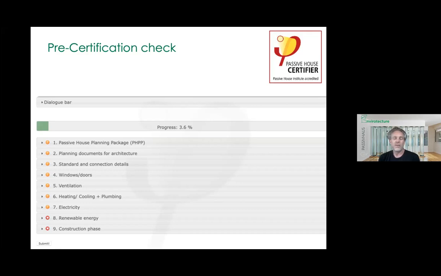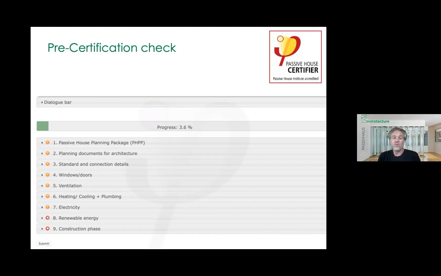And their role, the certifier's role, is to review all of the documentation, ideally before you start construction, although you don't have to. You can do it once you've started. You just obviously introduce risk at that point. And they review everything. What they're really doing is looking at the drawings of the building, the specification, the insulation, materials, glazing, etc., comparing that against the drawings, comparing that against the PHPP, the modeling of the building, and basically saying all of this is the same, it all lines up, it all makes sense, everything's correct.